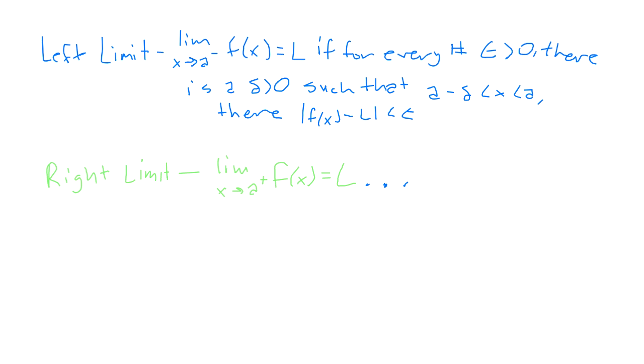So when we take our right-handed limit, we know that's true if for every number epsilon greater than 0, there is also a delta that's greater than 0 such that a is less than x, which is less than a plus delta. And then essentially, once again, because that exists, there also exists an epsilon greater than the difference between our f of x and our limit.